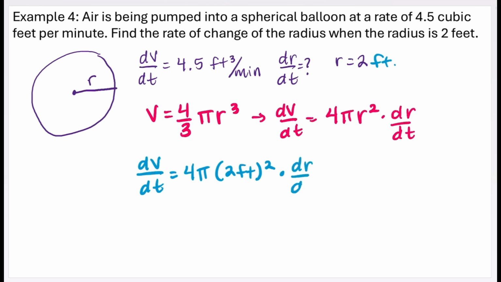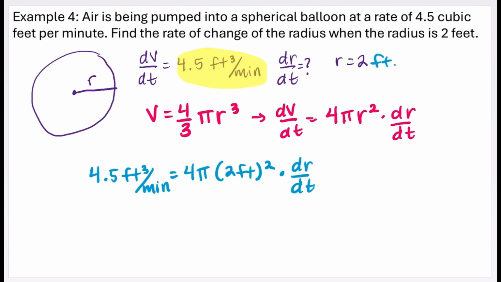So right here, I'm going to take this away and I'm going to plug in this value right here. That's going to be 4.5 feet cubed per minute. All right, so I'm going to go ahead and simplify this. So 2 squared is going to be 4, and 4 times 4 is 16.